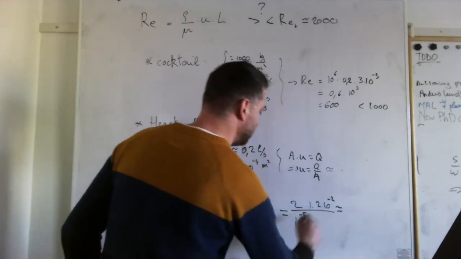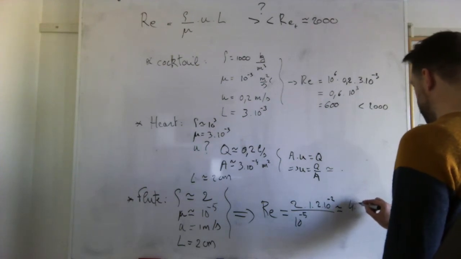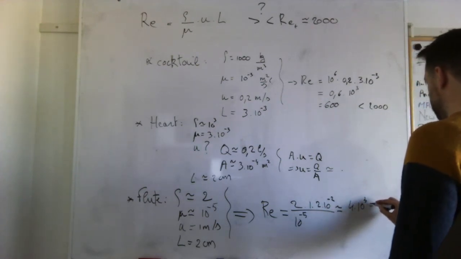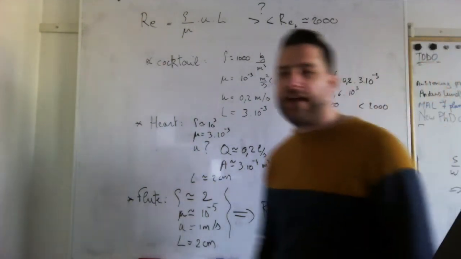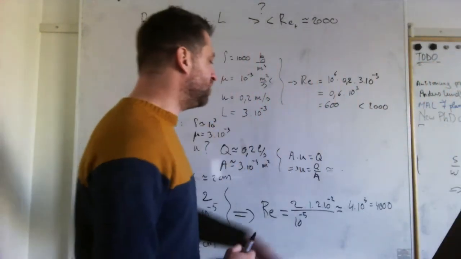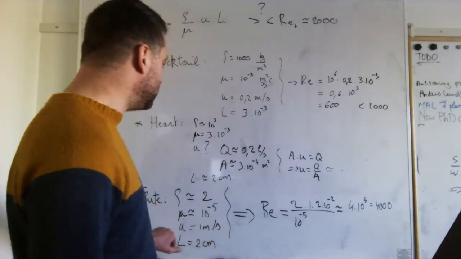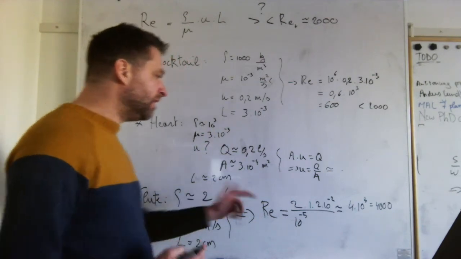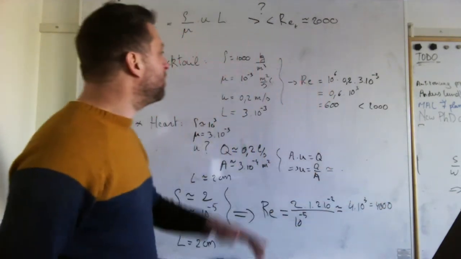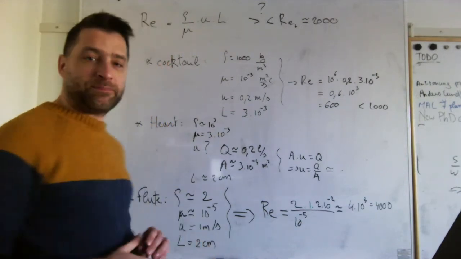I can estimate it's going to be around 4 times 10 to the power 3, equals 4000. So I'm going to have a slightly turbulent flow. And I think my 1 meter per second airflow is a bit of an underestimation. I think actually you blow out faster, so typically you're going to have a turbulent flow. So this is how you solve this kind of exercise.